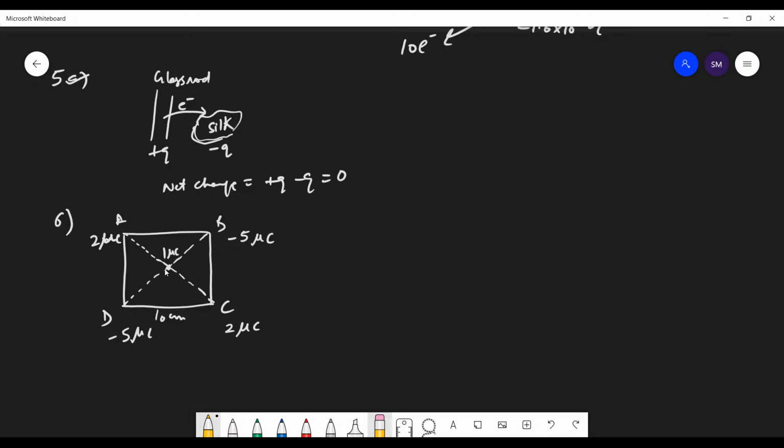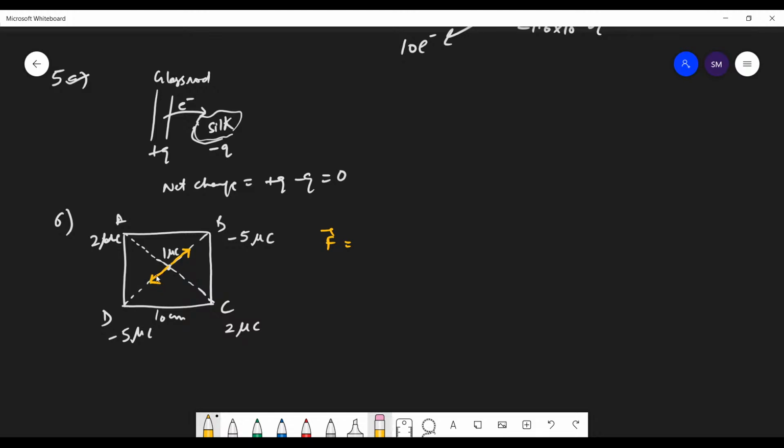So what is the force on this charge? We will be using the superposition principle. But the important thing here is that this plus 1 microcoulomb charge will be pulled on this side by this minus 5 microcoulomb charge. Again minus 5, so again it will be attracted on this side.